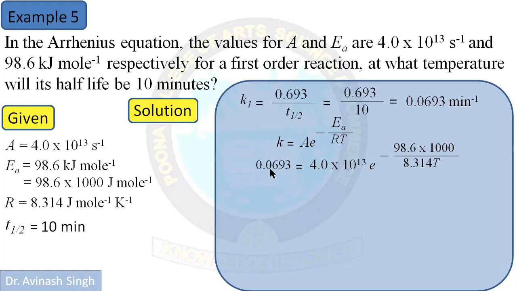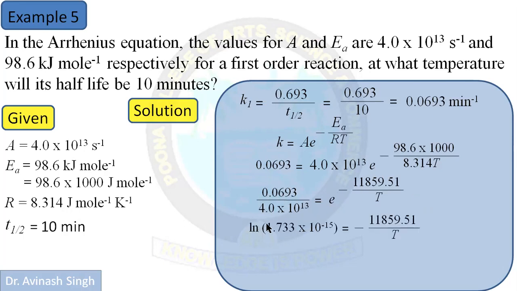Now, solving this equation, this A value will go as the denominator. So this equation simplifies into 0.0693 divided by 4.0 into 10 raised to 13, and this side remains as such. Solving this left hand side, we get the value of 1.733 into 10 raised to minus 15.